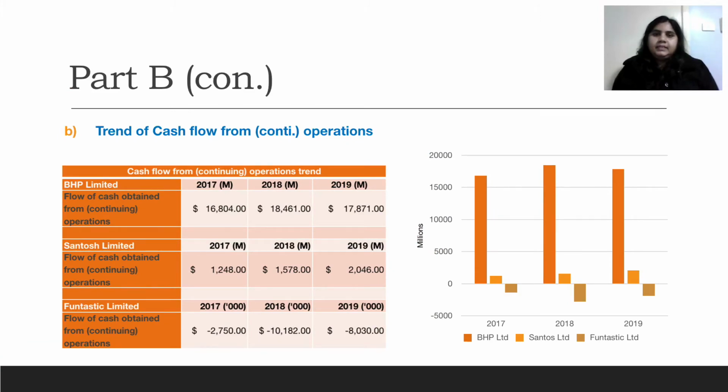As you can see in the graphical view of the trend in the slide, the trend of cash flow from continuing operations is positive in both BHP Limited and Santos Limited, while Fantastic Limited shows negative in the last 3 years of operations.